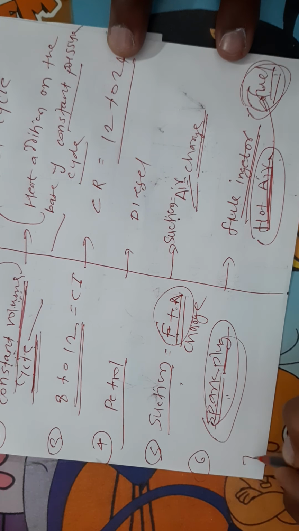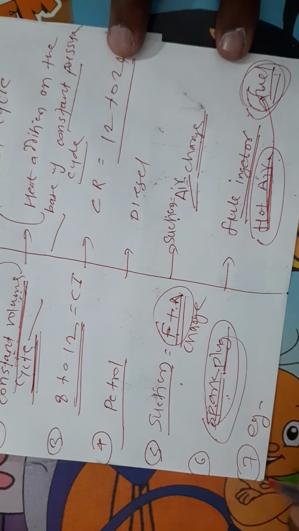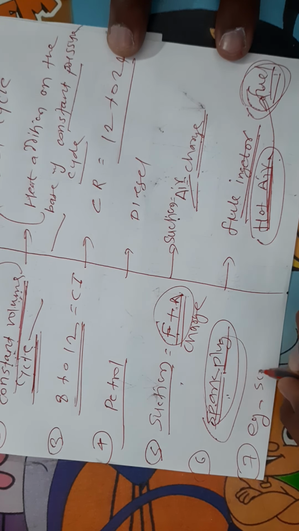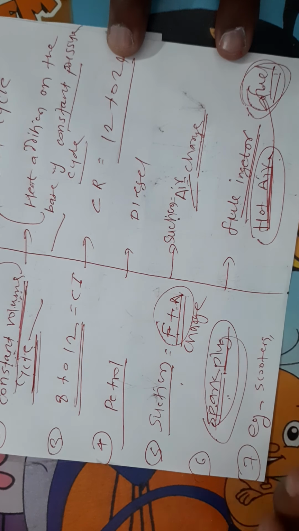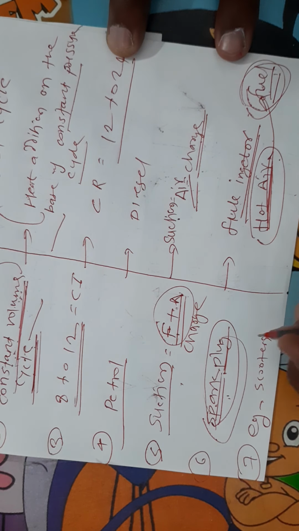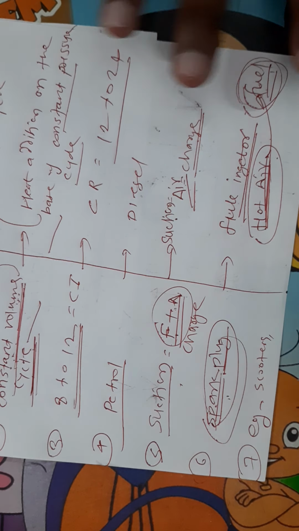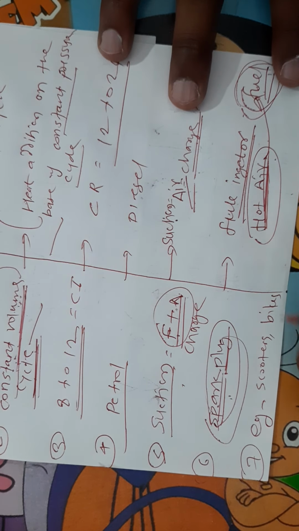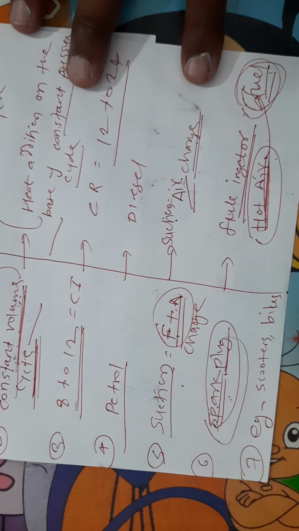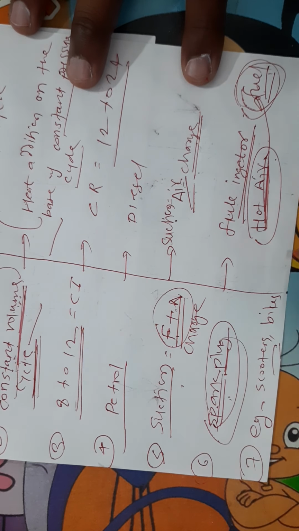So my students, we have some examples like scooters, some mopeds, and bikes, you know very well, bikes. So bike, scooter, moped, these are some examples of our four-stroke spark ignition engine.